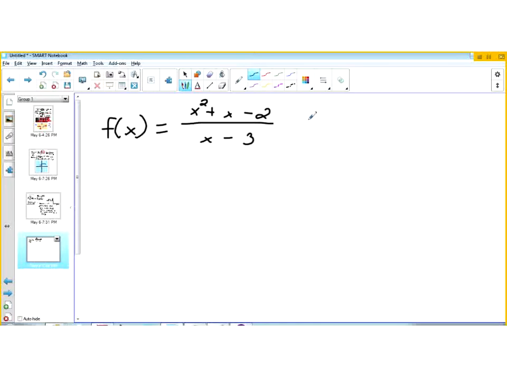And let g of x equal x squared minus 4 divided by x squared minus 1. Sorry, got my pen backwards on that one. Try it again: x squared minus 4 divided by x squared minus 1. So what we want to calculate then is f composed with g.